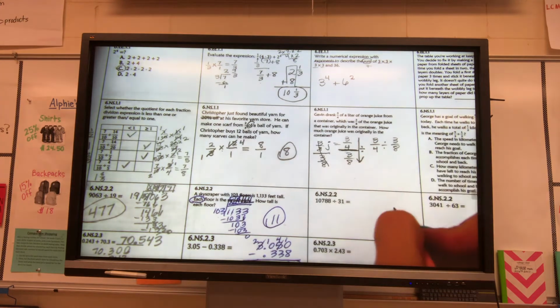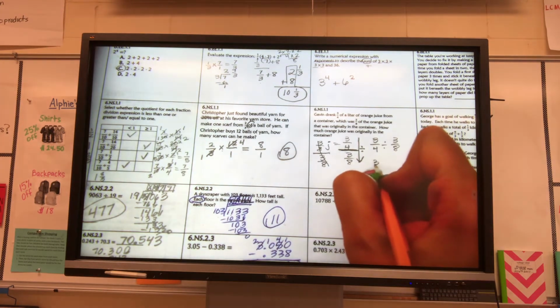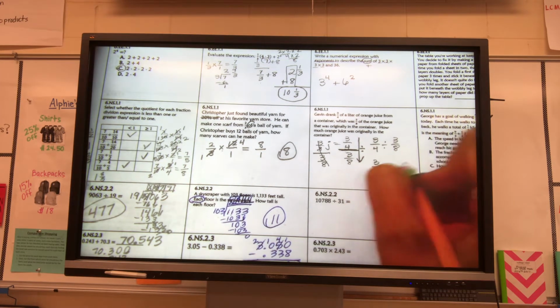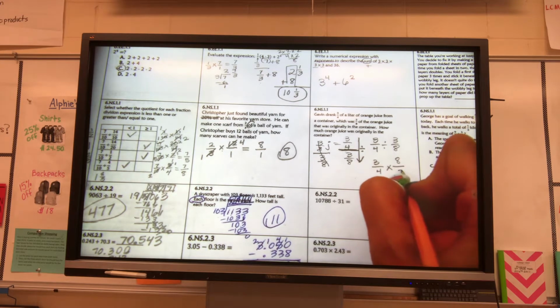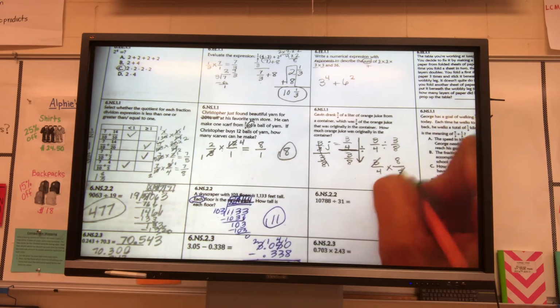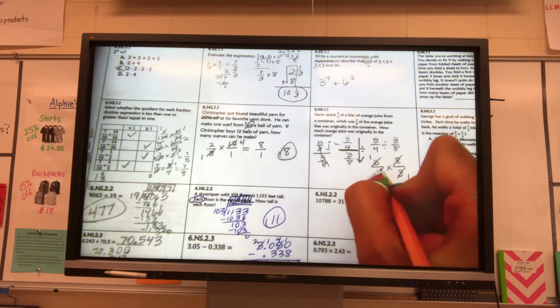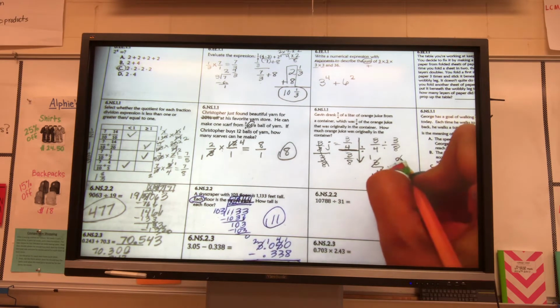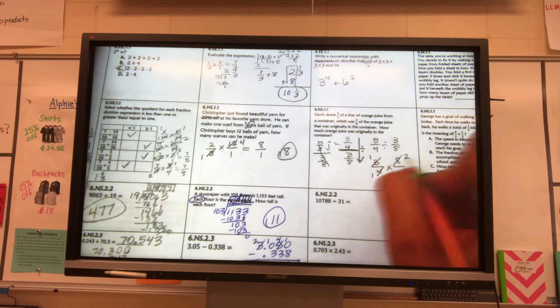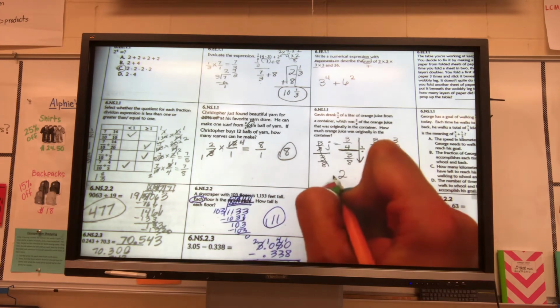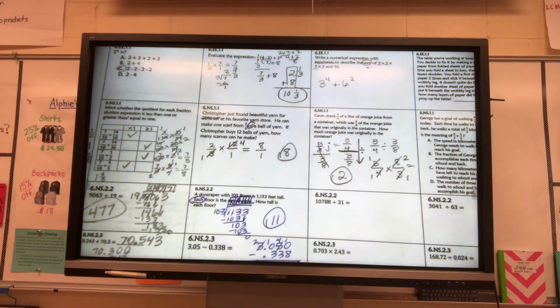Well, I know when I'm dividing fractions, I have to keep, change, flip. Keep the first, change the sign, flip the second. When I do that, I can cross simplify. 4 goes into 4 one time, 4 goes into 8 two times. So I get an answer of 2. Is 2 more than a half? Yes, so we can assume our answer is reasonable.